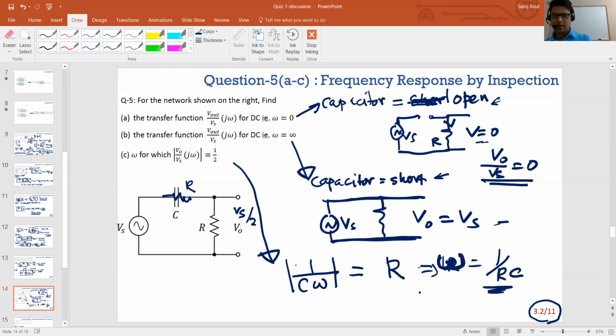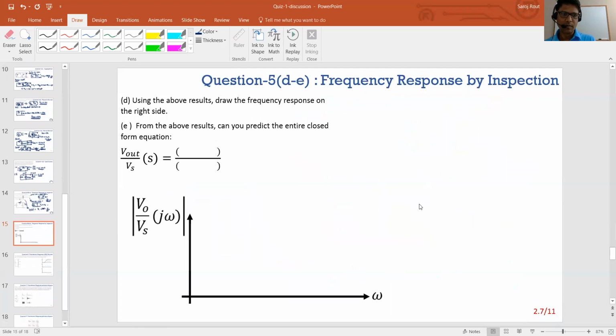And then you go to the next part of the question. So from those three questions, I first wanted you to derive and plot the Bode plot, just the asymptote of it. And basically those three should have led you to plot this. Okay, so we found out that at omega equals 0, the output is 0, right?